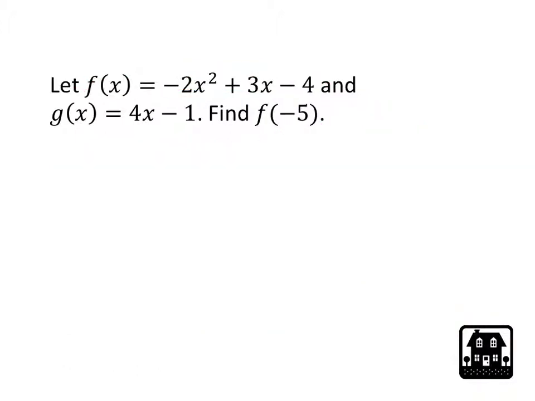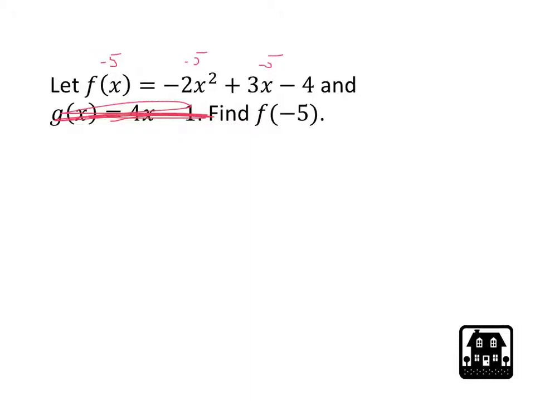In this problem, we're given the same functions and we're asked to find f of negative 5. So we're going to use the f function, not the g function. Let's go ahead and get rid of that one. Only instead of f of x, we're going to have f of negative 5. So wherever we see x, we're going to put negative 5.